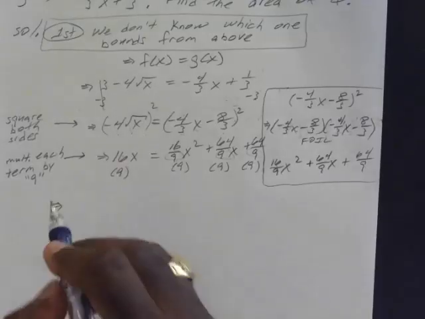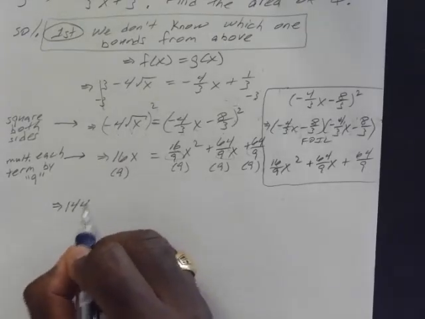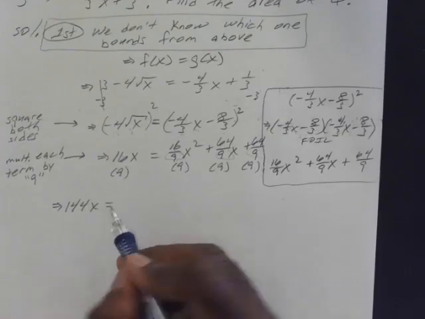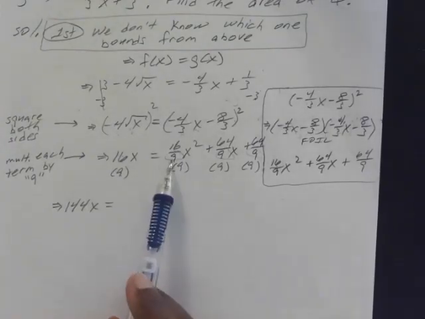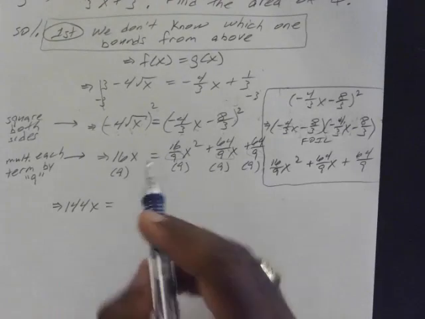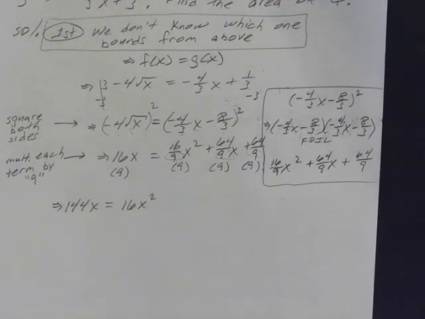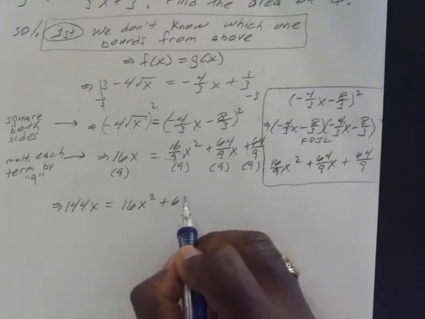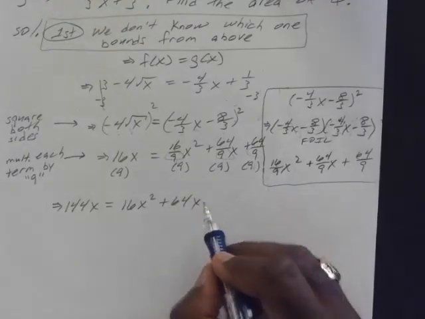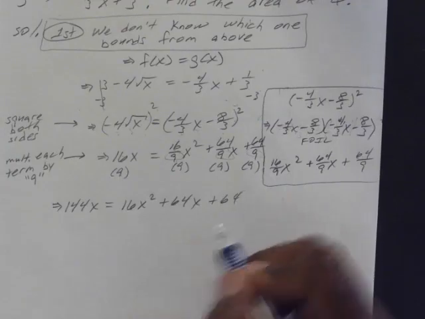So 16 times 9 is 144, so we have 144x is equal to, multiply 9 and 1/9, those two 9s cancel out, so 16x squared plus 64x plus 64.